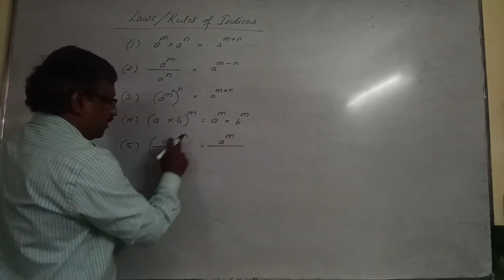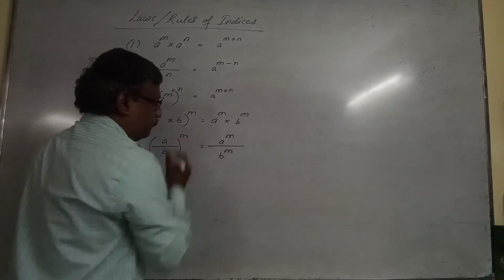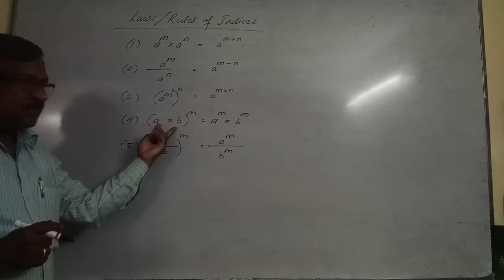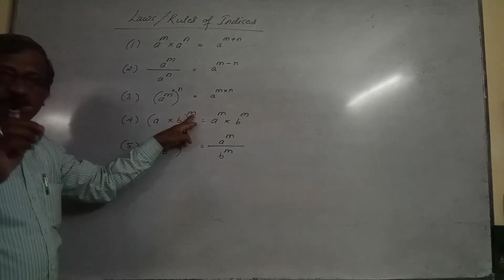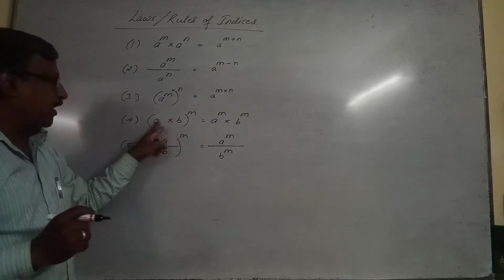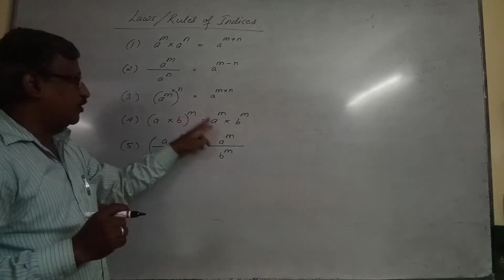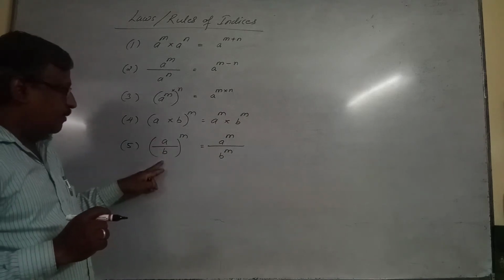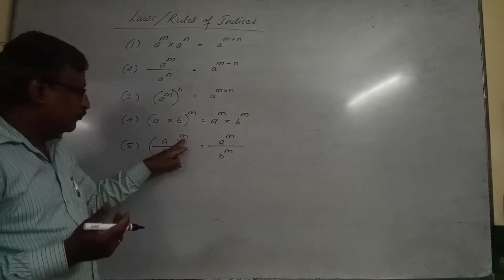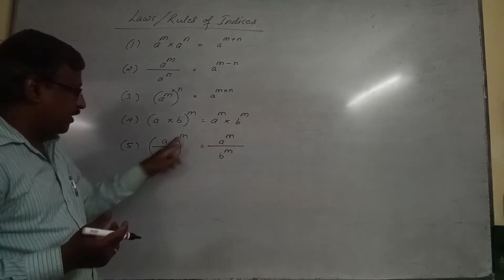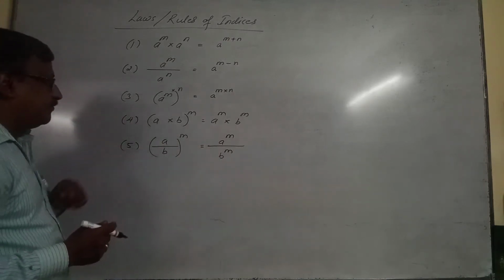Means if there are two different numbers but the power is the same: if there is a multiplication, a into b whole raised to m, it is written as a raised to m into b raised to m. And if there is a division, a divided by b whole raised to m, it is written as a raised to m divided by b raised to m. This is the fifth rule.